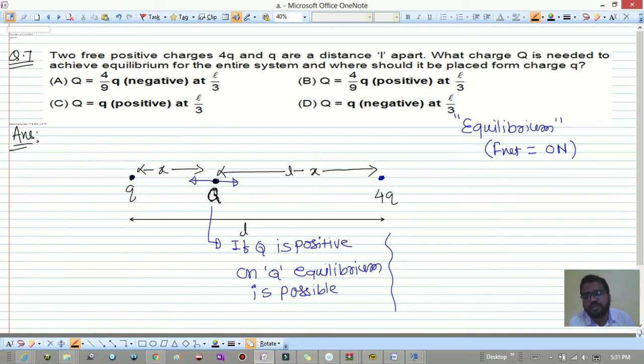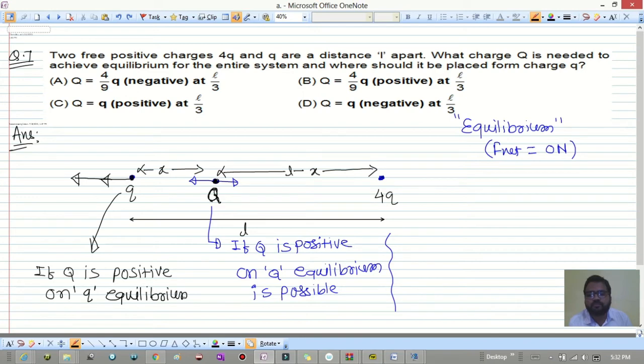On small q, due to capital Q there is a repulsion, and due to 4q also there is a repulsion. So if capital Q is positive, equilibrium on small q is not possible. They want everything to be in equilibrium, right?